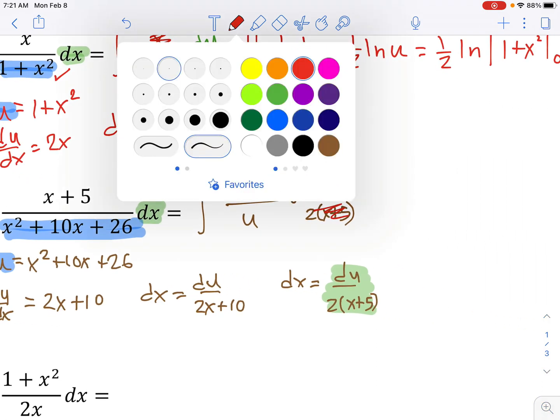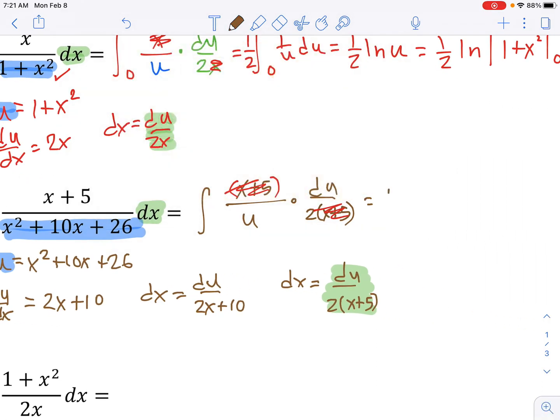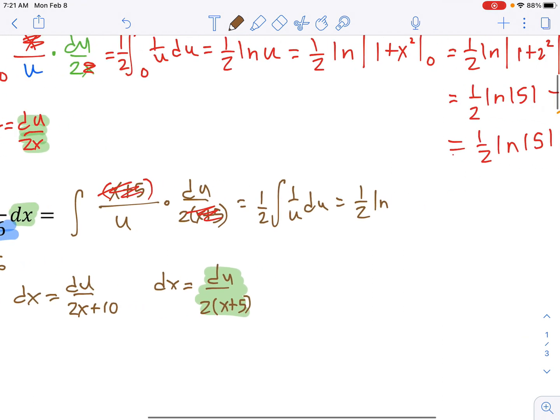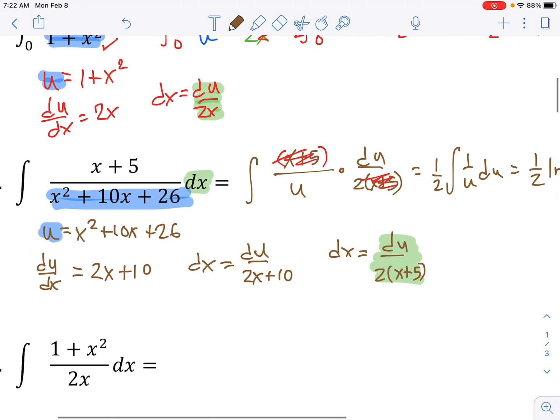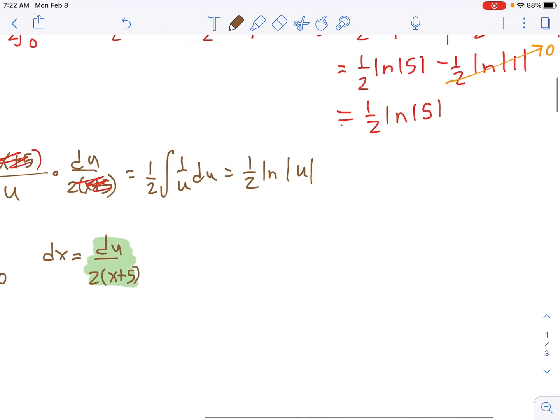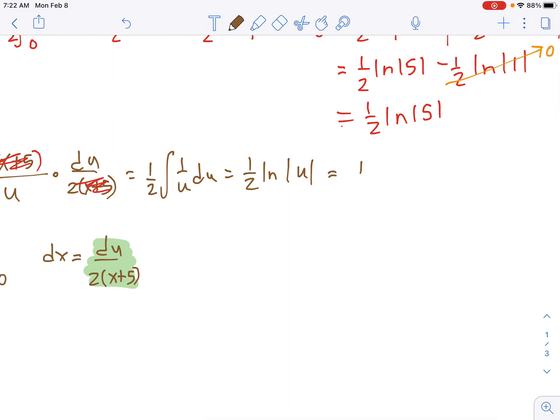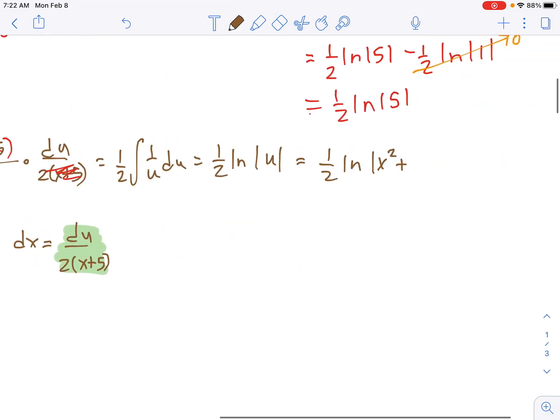And so we have 1/2 times 1 over u du, which is 1/2 natural log of the absolute value of u. And the absolute value of u is that trinomial x squared plus 10x plus 26. So that is 1/2 natural log of the absolute value of x squared plus 10x plus 26 plus c. It's an antiderivative.